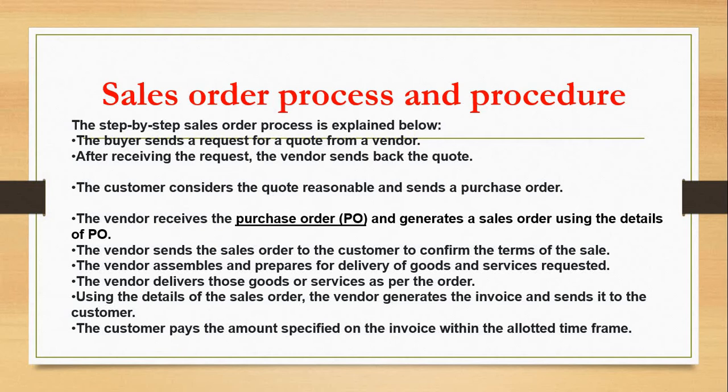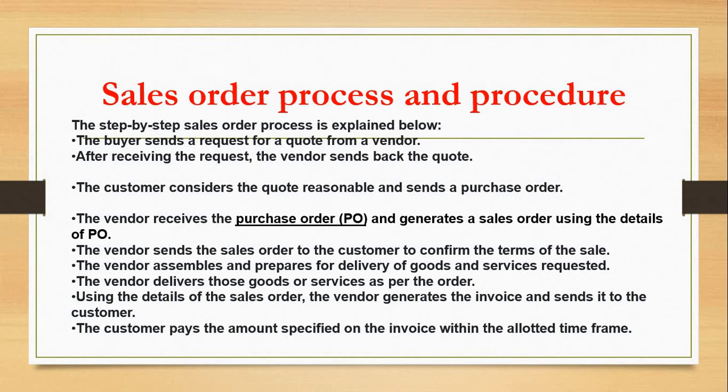The vendor receives the purchase order and generates a sales order using the details of the PO. The vendor sends the sales order to the customer to confirm the terms of the sale. The vendor assembles and prepares for delivery of the goods and services requested. The vendor delivers those goods or services as per the order.